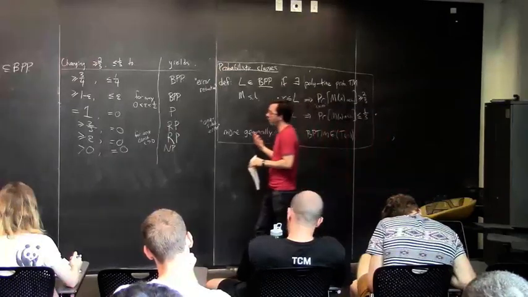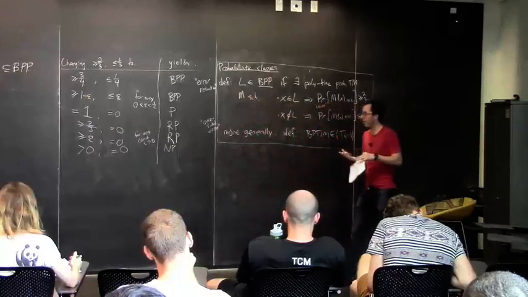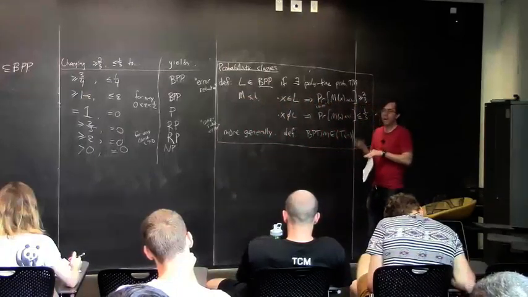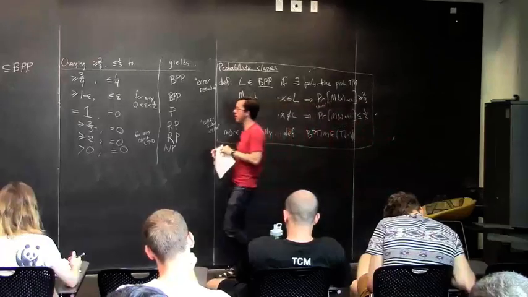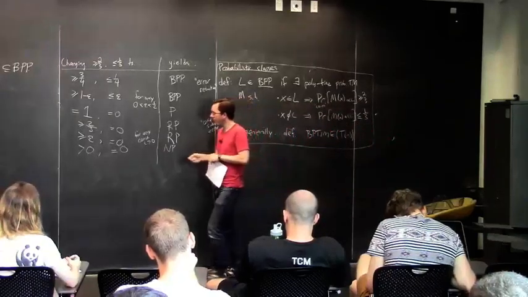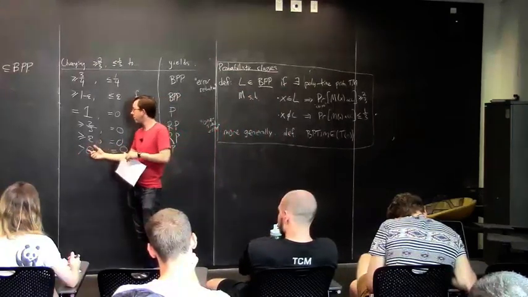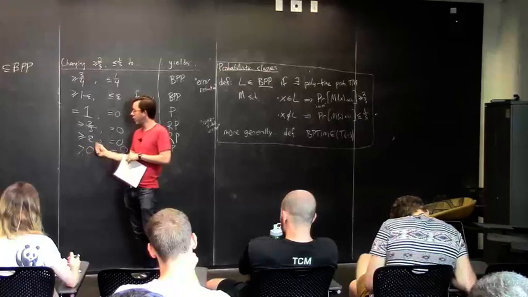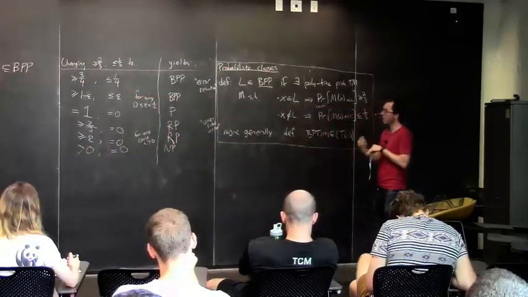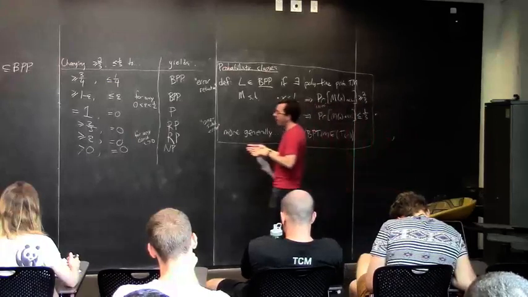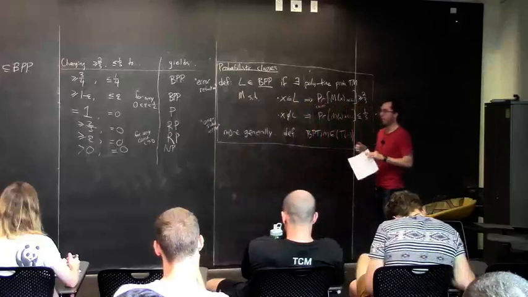In this probabilistic viewpoint, you'd say that a non-deterministic algorithm succeeds if it's possible for it to make some non-deterministic or probabilistic choices that lead it to accept. Okay, so you say it's in NP if, for every string in the language, there's a positive chance that its non-deterministic, aka probabilistic, choices lead it to accept. And when x is not in the language, then no matter what happens with these non-deterministic or probabilistic choices, it doesn't accept.